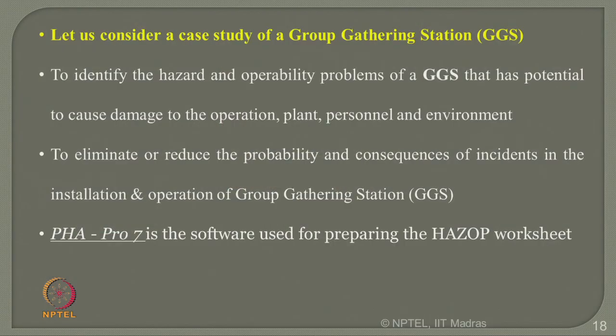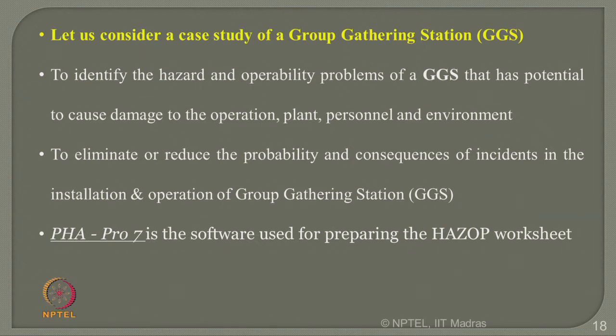Now, the focus of the study is to identify the hazard and operability problems of a group gathering station which have the potential to cause damage to the operation of the plant, personnel and also the environment. The societal risk and the individual risk are both encountered, and therefore this study gives an overview of both personnel safety and asset safety management as well.